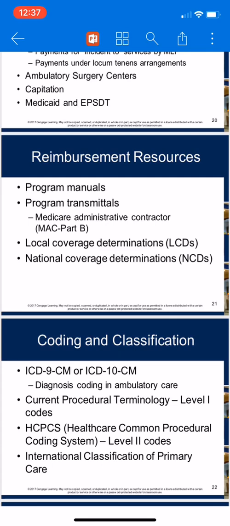Medicare, however, also has developed national coverage determinations, these are your NCDs, that apply to all contractors and providers nationwide. LCDs and NCDs are important references for coders because they list diagnosis codes that indicate the medical necessity of certain procedures and services. So when you get over into your second semester of coding, where you're going to cover CPT, you'll learn a little bit more about your LCDs and NCDs.